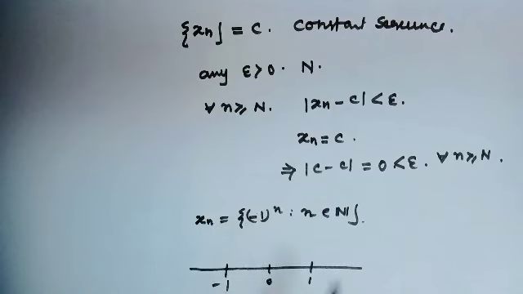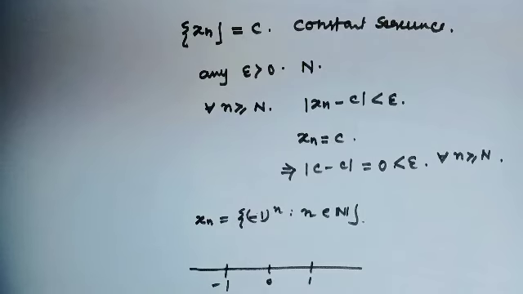Take any small interval around the point which you think is going to be the limit of the sequence, then after some stage all terms of the sequence should be there. Then we have seen this has not happened here.